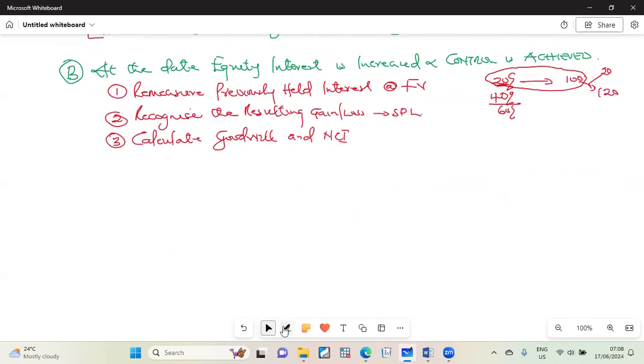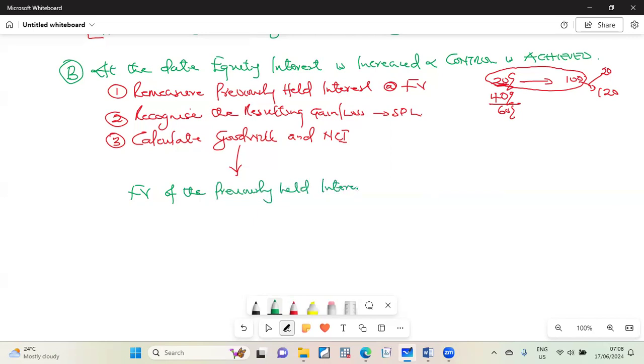Now, the goodwill, we know we will need purchase consideration. So how will our purchase consideration be? Like we did here, you will do the fair value of the previously held interest, which in this case is the 20% we have done.